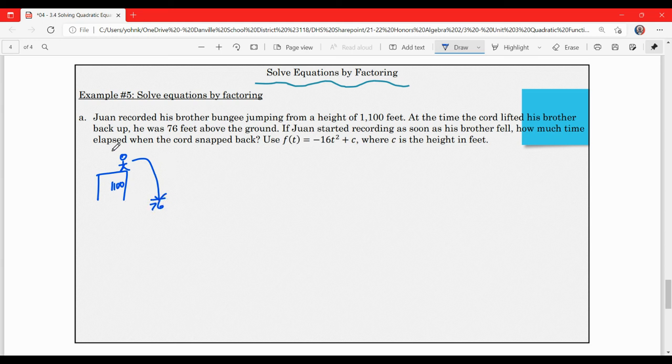So technically, this bungee cord is 1,100 minus 76, or 1,024 feet of cord. So that is the height in feet, which is our c. So I can use the equation f of t equals -16t squared plus 1,024.